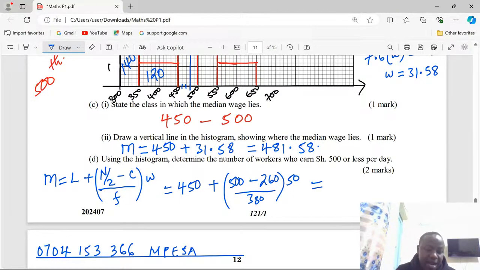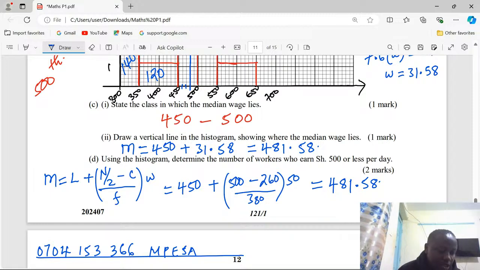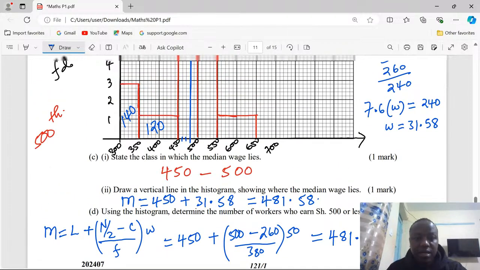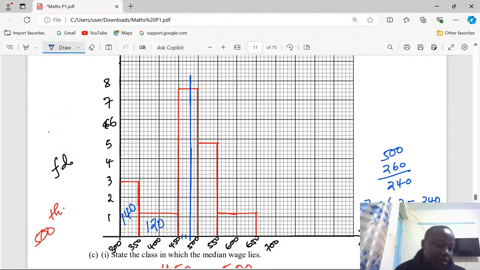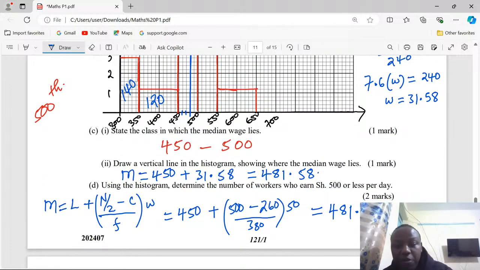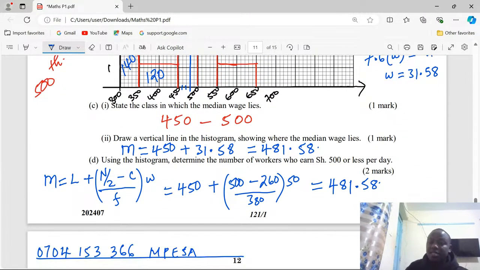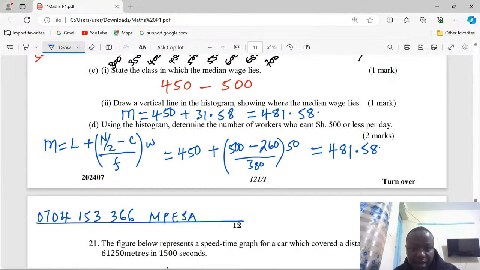So when I add my 450 there, I will confirm 481.58. So this is the median according to the formula, and it's also the median according to the histogram. So from the histogram, we are getting the same answer that we also get when we use the formula.